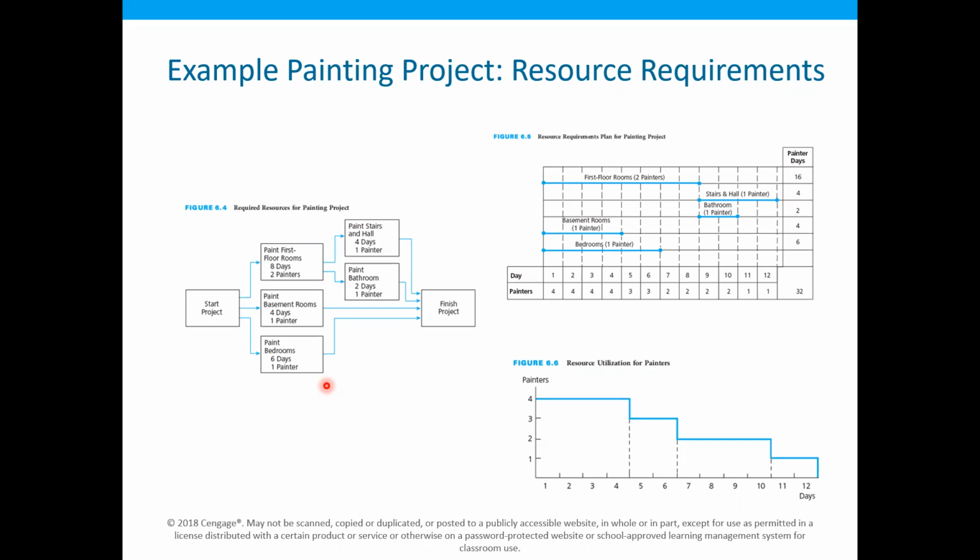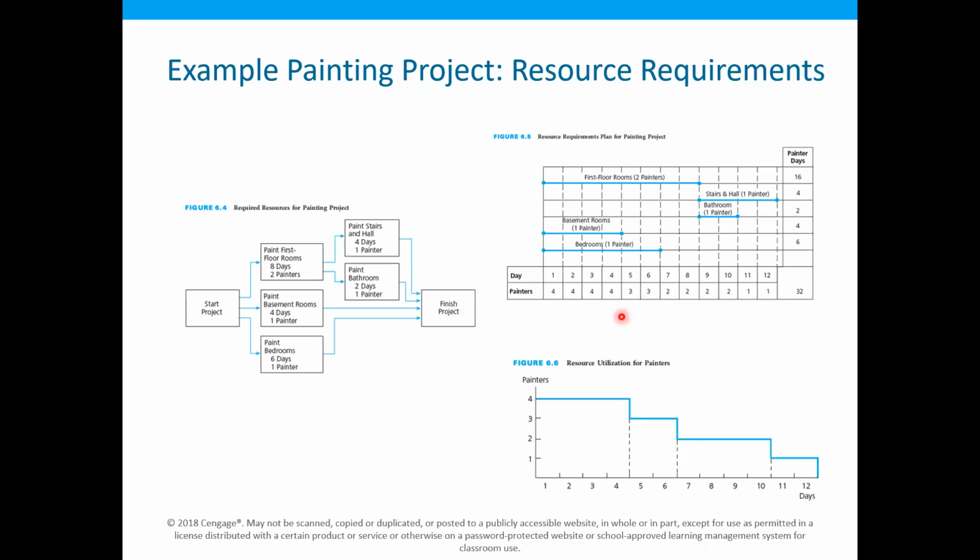So the slack available in the basement room is 8 days. And by this, you can say that the slack available in the paint bedroom is 6 days. And for the paint bathroom, the slack is 2 days.